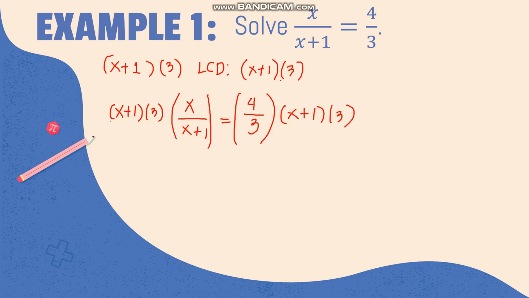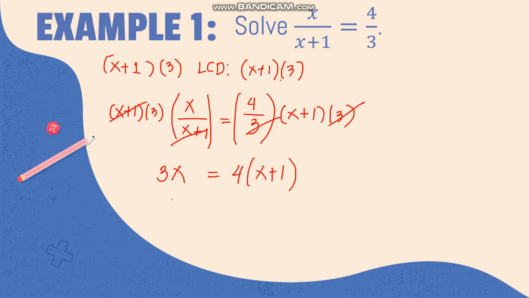We can cancel out x plus 1, so you are left with 3 times x, which is 3x. On the other side, we can cancel out 3, and you are left with 4 times x plus 1.